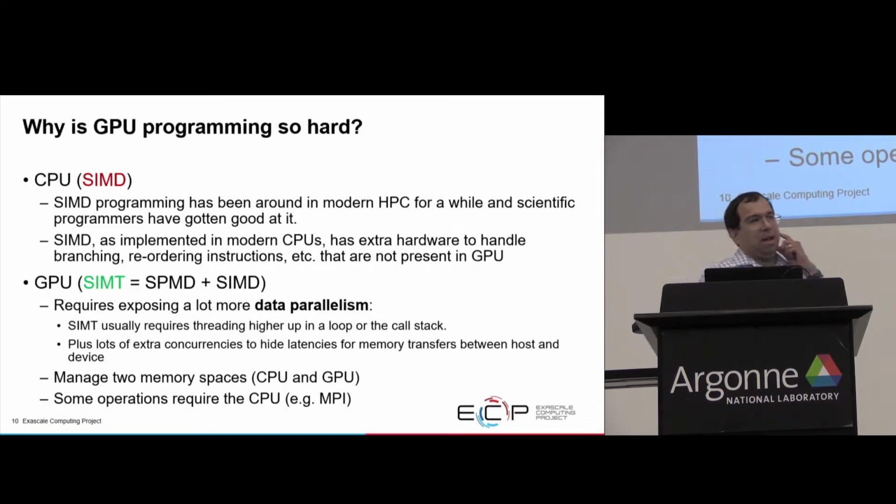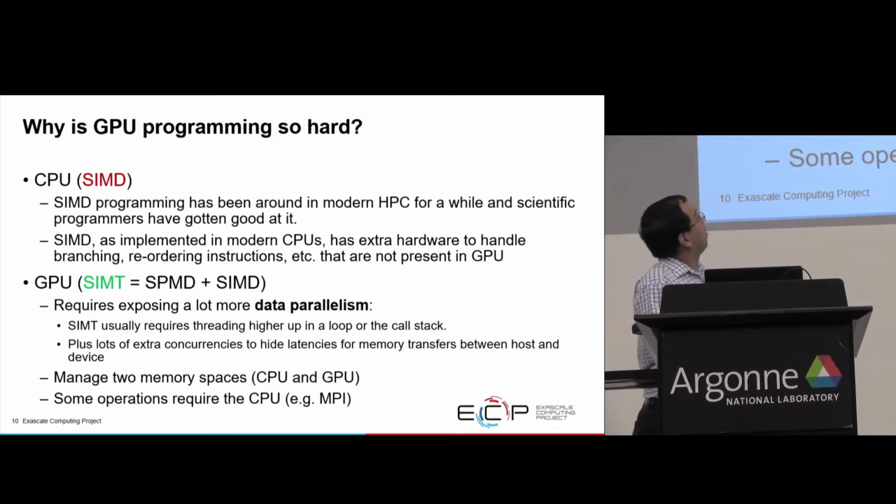So this is just my own commentary on why GPU programming is so hard. SIMD programming has been around in modern HPC for a while, and I think we've gotten really good at it, some domains more than others. In the other domain I work with, electronic structure, my joke is that some of our codes may someday replace LINPACK as a benchmark because they find new and clever ways to use complex matrix multiplies.